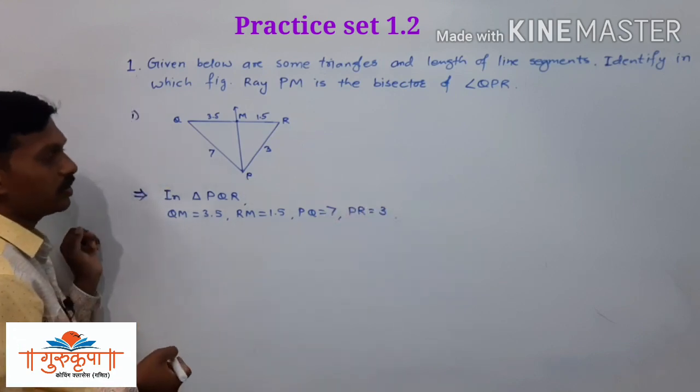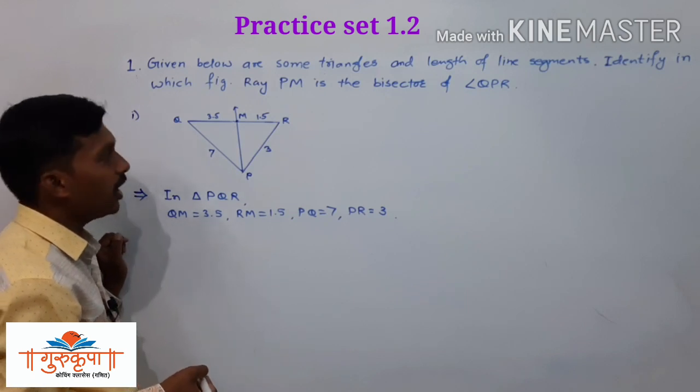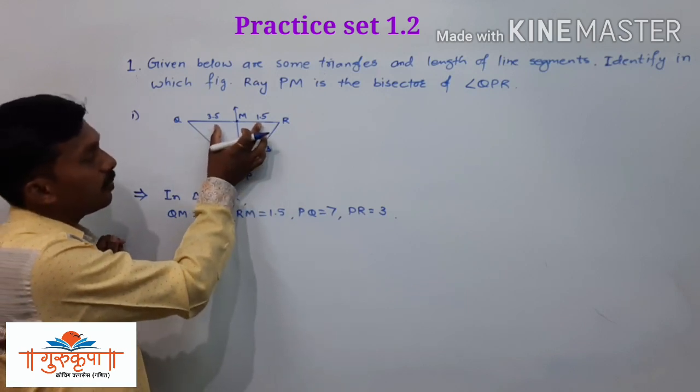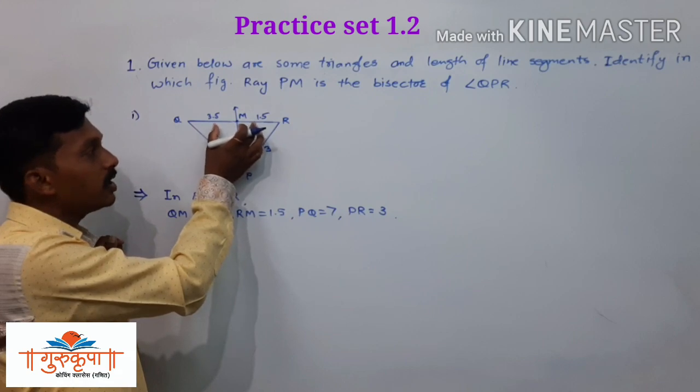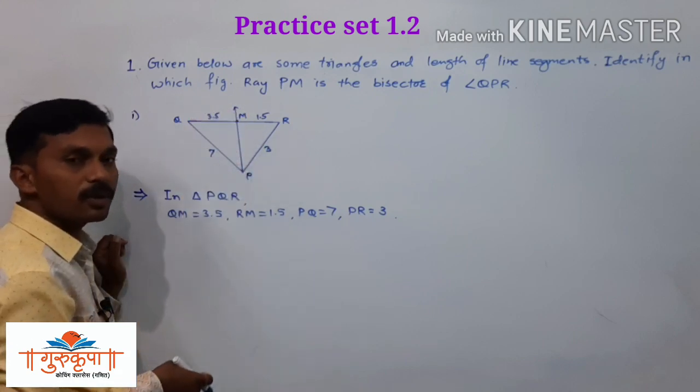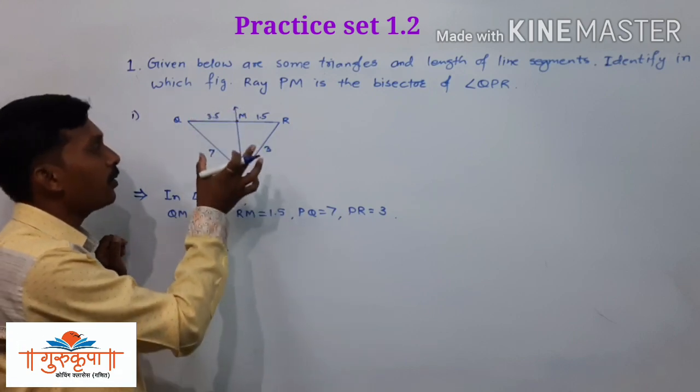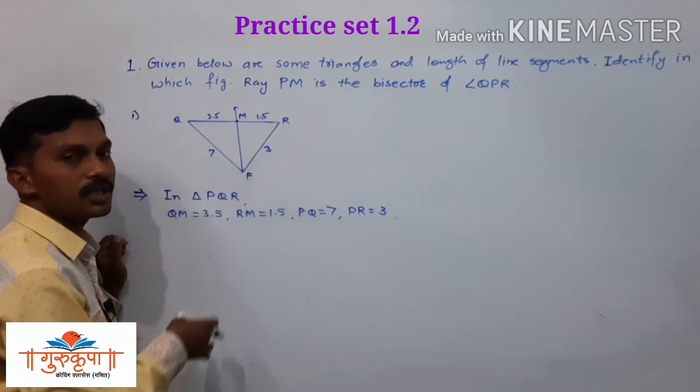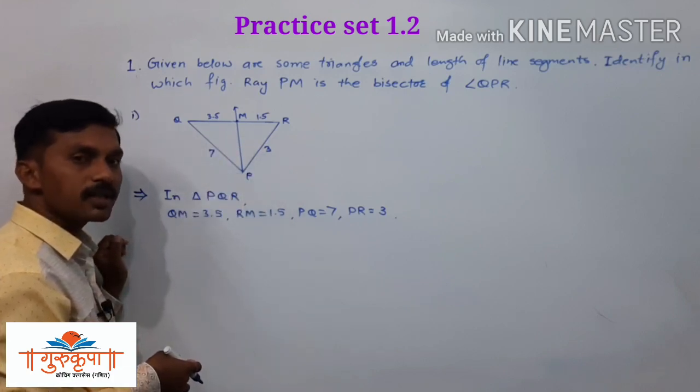That is the information which we have available here. Now we have to find the ratio of these two intercepts, that is QM upon RM, and the ratio of the remaining two corresponding sides.